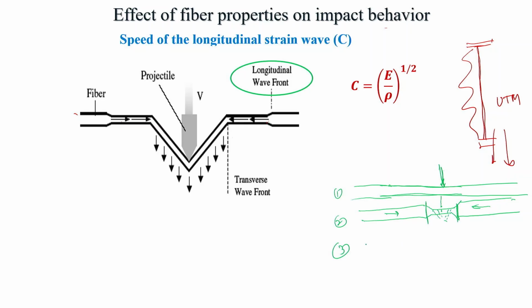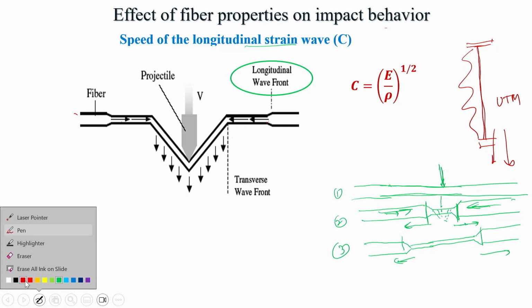Third picture. So, this will be the type of, so, this is becoming the wave front. So, the strain wave will move in this fashion in the other direction. The stressing is there, this is the strain wave direction, but the stress will be towards the impact point.